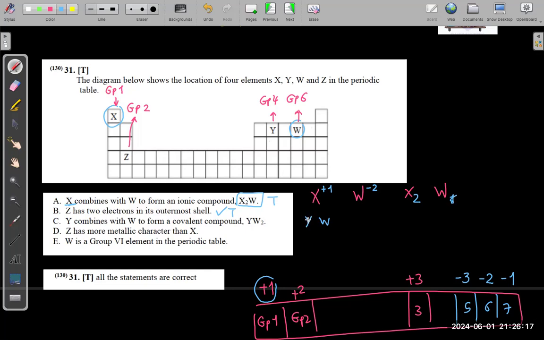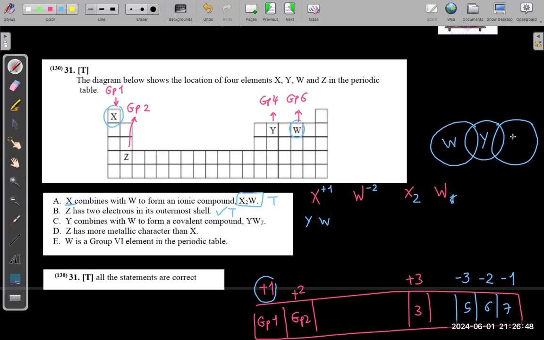This is Y. Y is group 4, and W is group 6, so it forms a non-metal covalent bond. But how does it form between Y and W? Y will share 2 electrons with each W, so it will form like that.